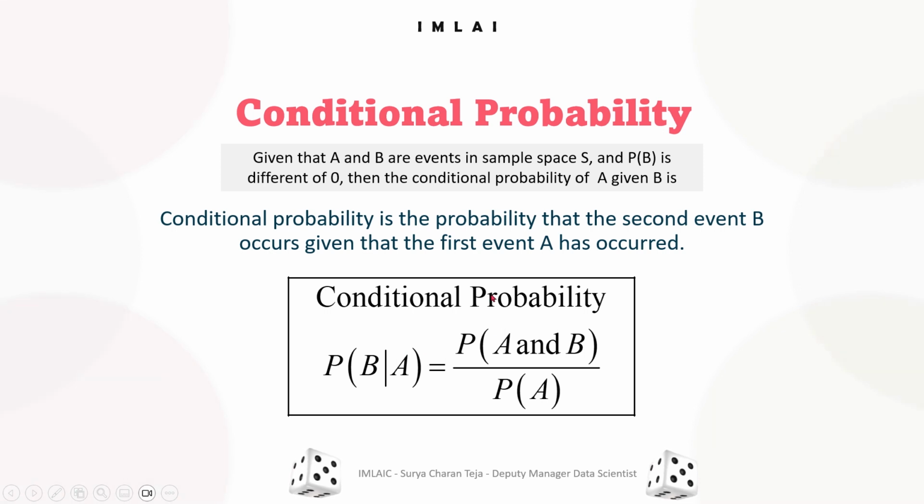So that is equal to probability of A and B divided by probability of A. That's the conditional probability formula, and that's how we calculate.